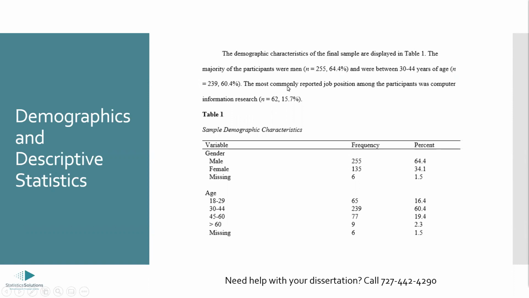And you also want to make sure that your table comes in close proximity to where you reference it in the text. So for instance, you don't want to talk about table 1 in the text, and then you don't present table 1 until 2 or 3 pages later. The table should come in close proximity, usually immediately following the paragraph where it is first referenced.